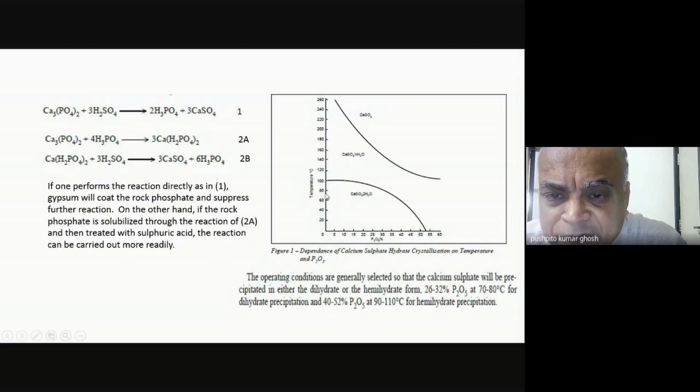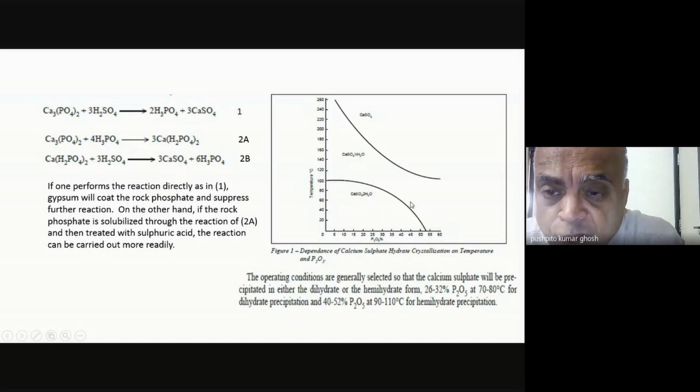Suppose I have a temperature, let's say around 60 or 70 degrees centigrade, somewhere here. Then you can see that you will be at about 35 to 40% of your P2O5. And if you are a bit lower, say 60, you'll be around 35% or thereabouts.